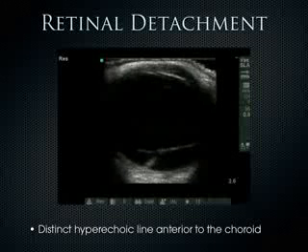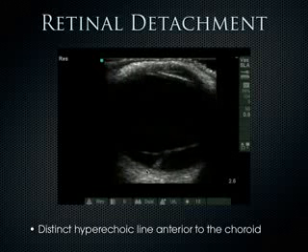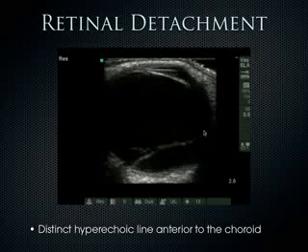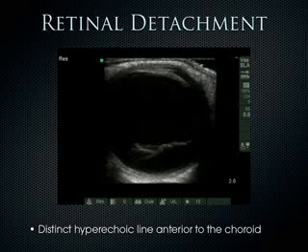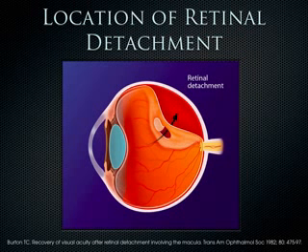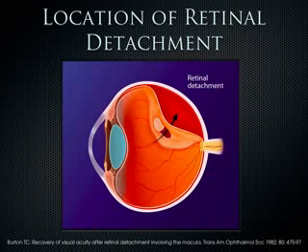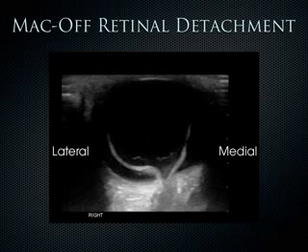Now, this is an example here of retinal detachment. We can see it's tethered at this location, and it's this sort of tethered membrane that is coming off the back of the choroid there as the patient looks around. And as I mentioned, it depends where the retina gets detached. It could be at the level of the macula, and the macula is just lateral to the optic nerve sheath.